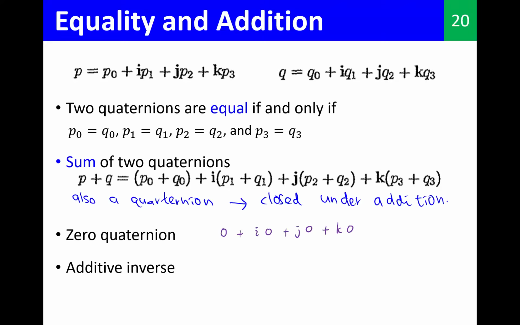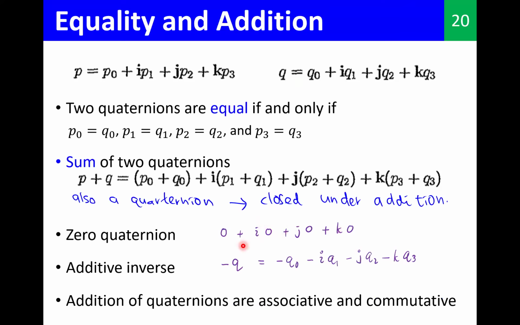And we have an additive inverse that is called minus q, and all the elements will become negative, so it's minus q1, minus q2, minus q3, simple as that. If I add this to q, I will get the zero quaternion.